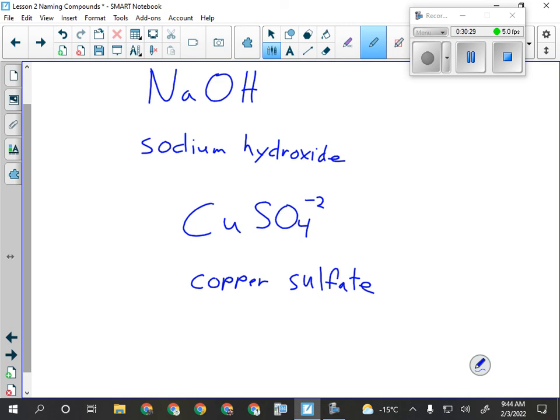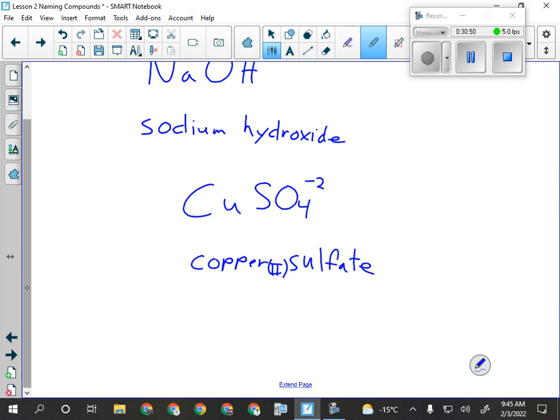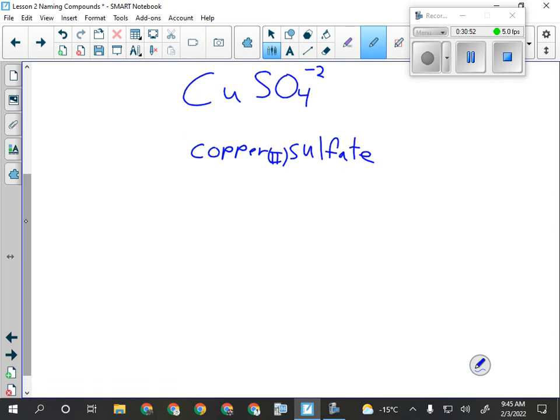Treat it like it's an element, it's not going to come apart. So if it's got a charge of -2, and there's only 1 sulfate, then copper must have a charge of +2. You'd know if there was more than one of these because they'd be in brackets, which I'll show you next. Okay, so we could have something like this.